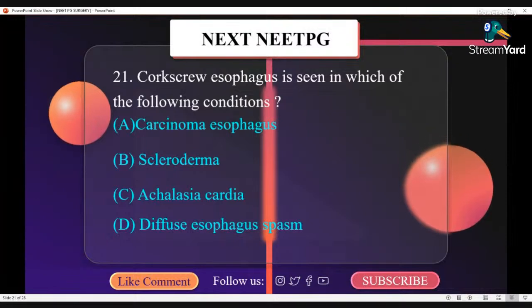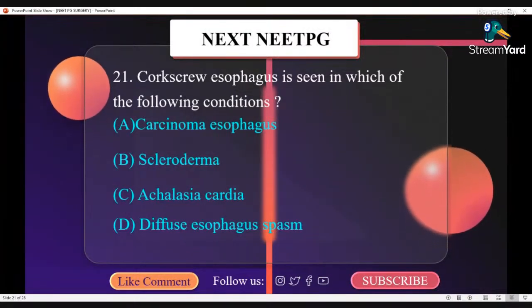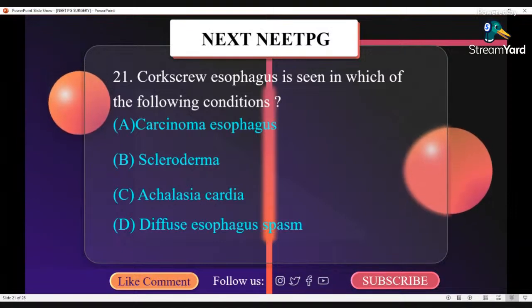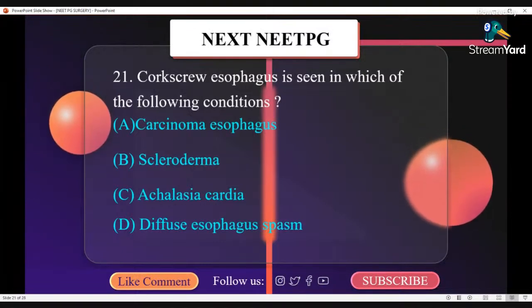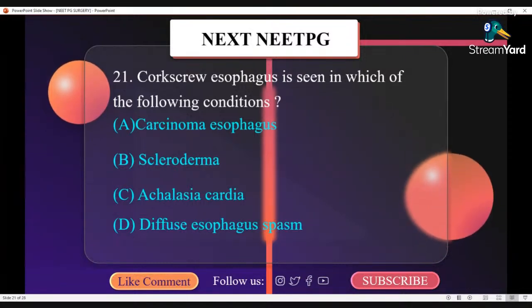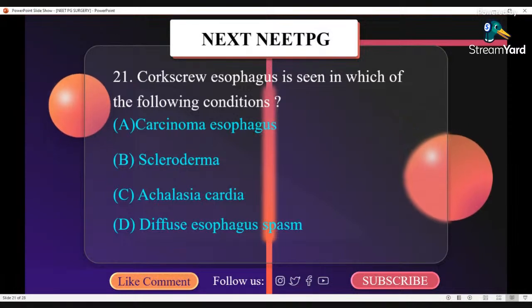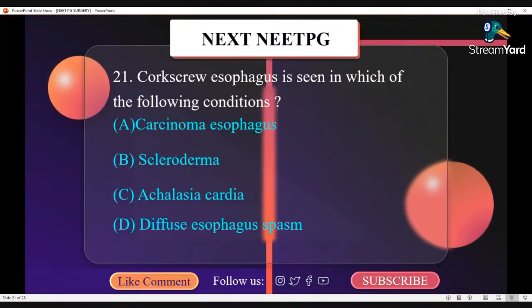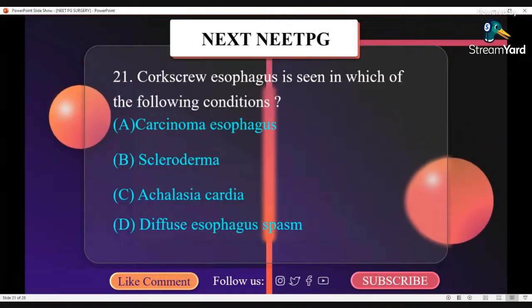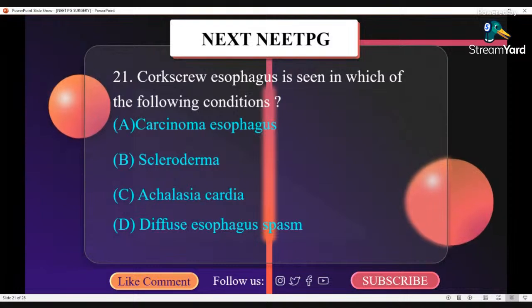Corkscrew esophagus is seen in which of the following conditions? A. Carcinoma esophagus, B. Scleroderma, C. Achalasia cardia, D. Diffuse esophageal spasm. Radiological appearance of diffuse esophageal spasm is known as curling esophagus. It is also known as corkscrew esophagus or pseudodiverticulosis. Diffuse esophageal spasm is a motor disorder of the esophagus.